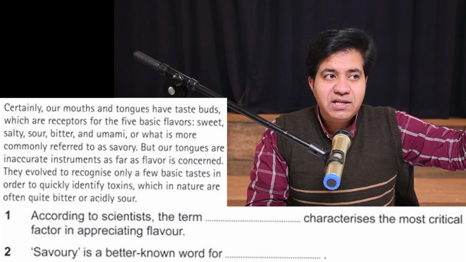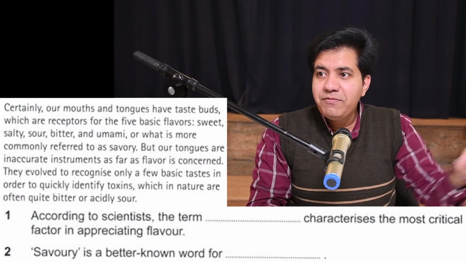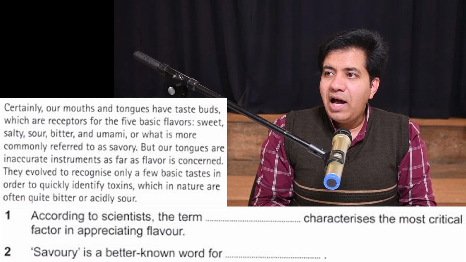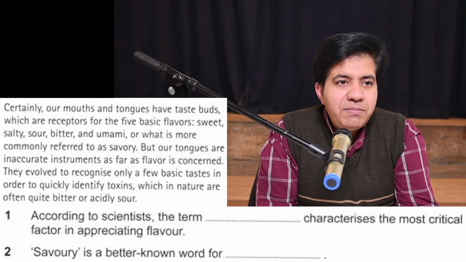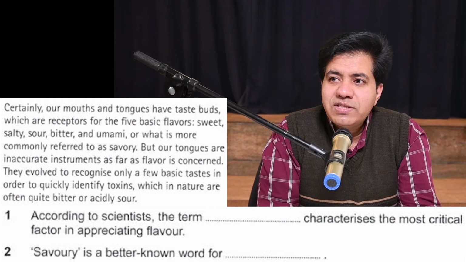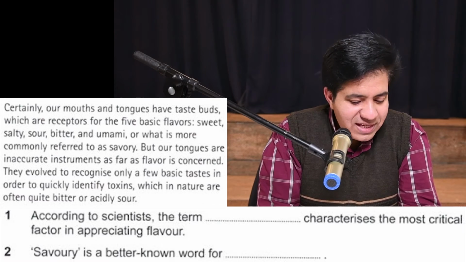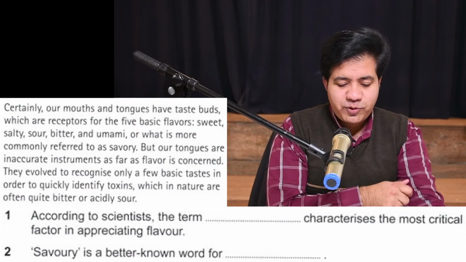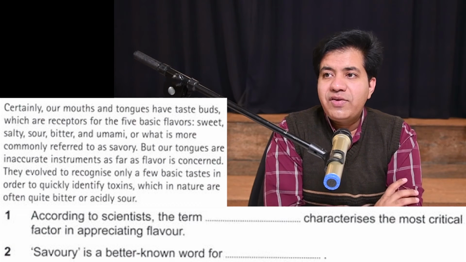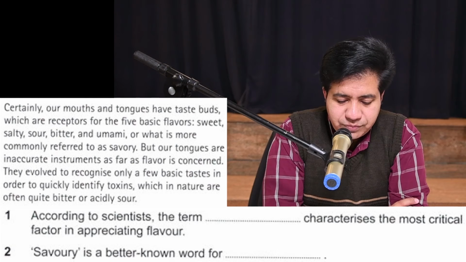So what's the answer? Umami. Savory is already given. How come the word that is given is the answer? My name is Asad and my father's name is also Asad. That's not possible, huh? There should be a different name. So what is written in the question can never be the answer. So for question number 2, the answer is umami, U-M-A-M-I.